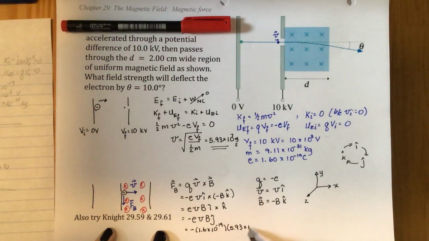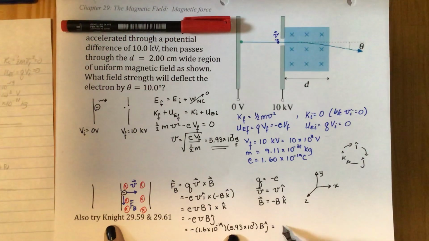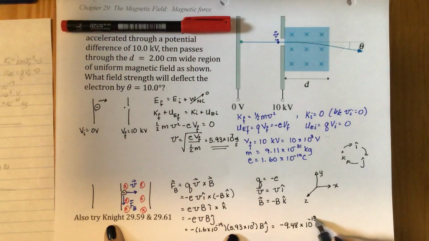B is just B. We don't know that yet. We're trying to find B. And the direction is minus j hat. So the expression for our force, we'll multiply those together: 9.48 times 10 to the minus 12, not 13, 12, times B, down, j hat. Okay, so there's that phase of the problem.